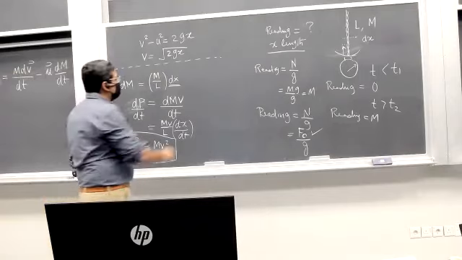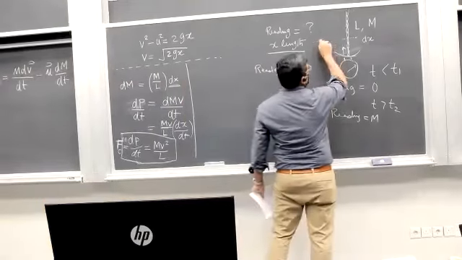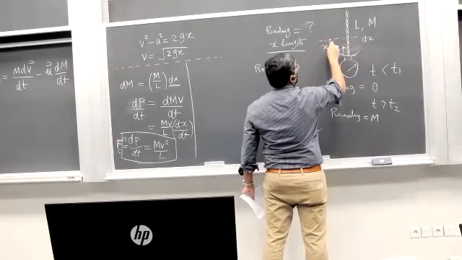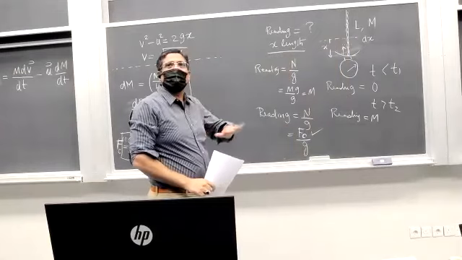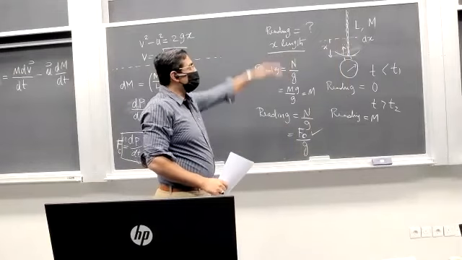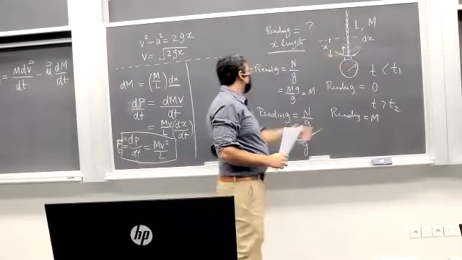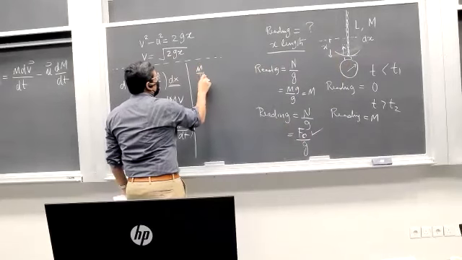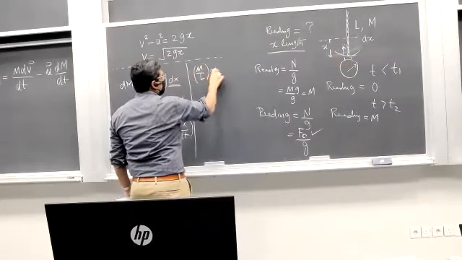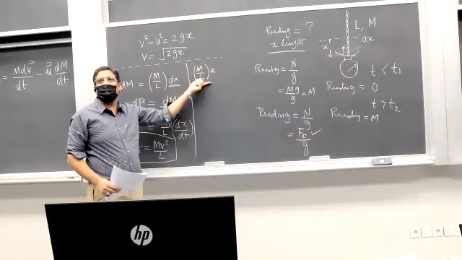But let's see, when the chain has dropped a distance x, if this much length is already in the scale and sitting there, the rest is falling, but x distance has already fallen. How much mass is already in the scale? M over L times x. Isn't it already in the scale, this much mass? Right?